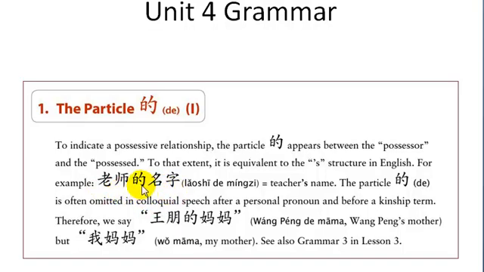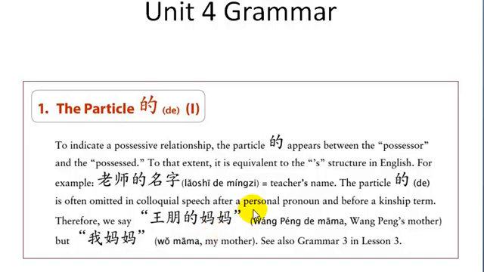And so you put the 的 in the middle and you come up with teacher's name, 老师的名字. Like it says here, the particle is equivalent to the apostrophe s in English to denote possession. Here's another example. Wang Peng的妈妈. Okay, Wang Peng's mother.